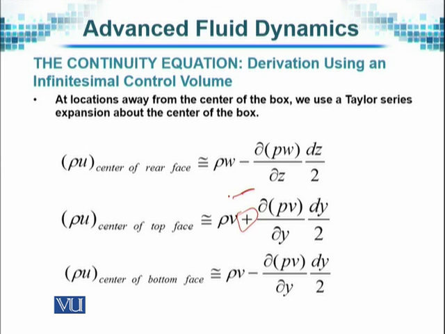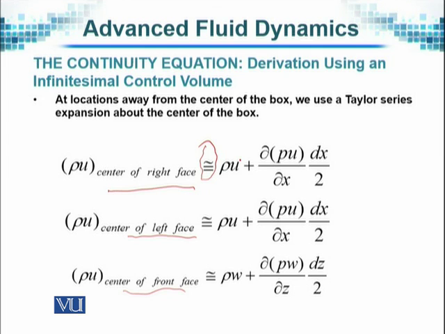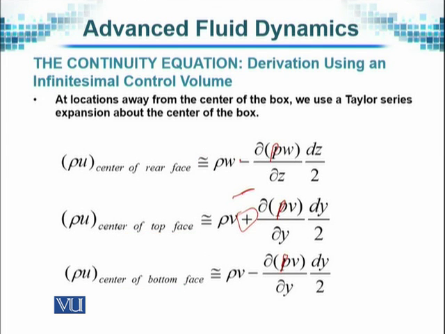We have written it here mistakenly. And remember, this is rho because there is density here. So rho stands for density, while u, v, w, you know, are the velocity components. So we have these three components on three faces, and the remaining three components from the other three faces.